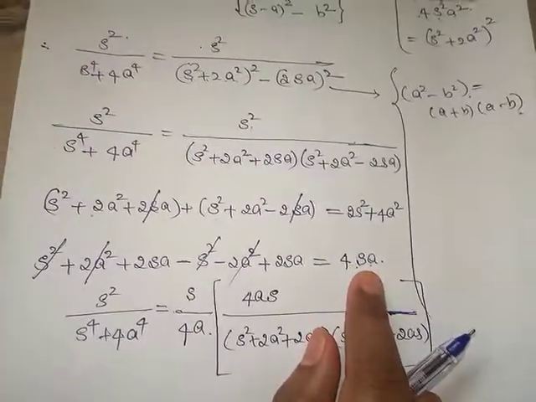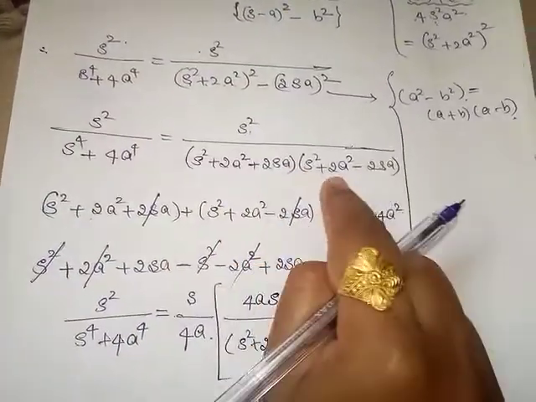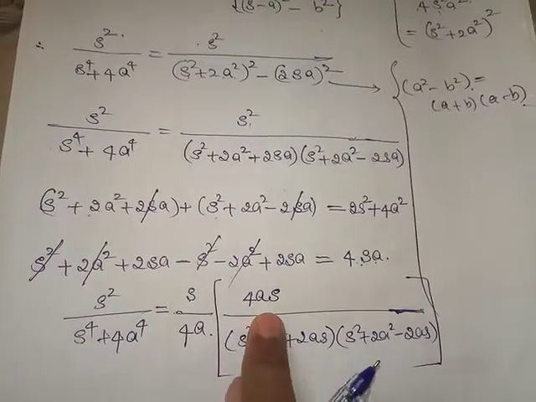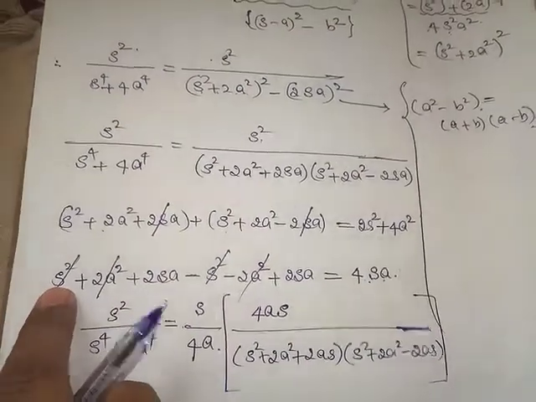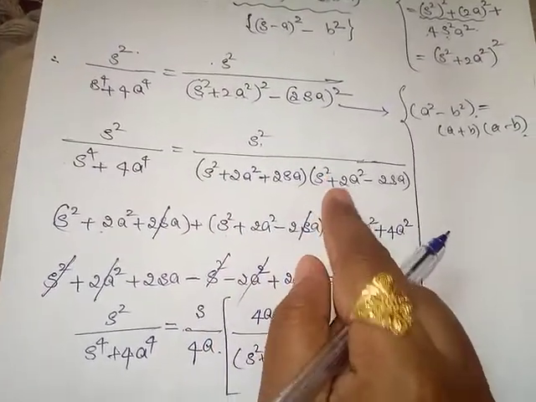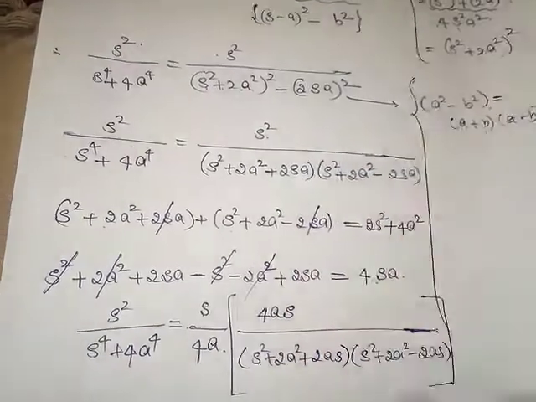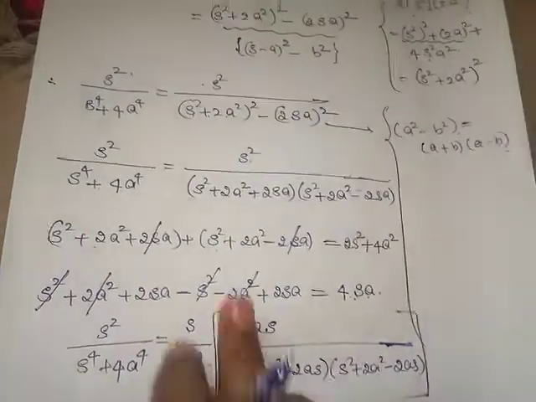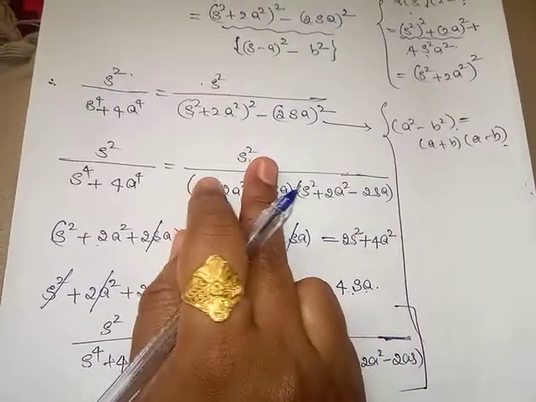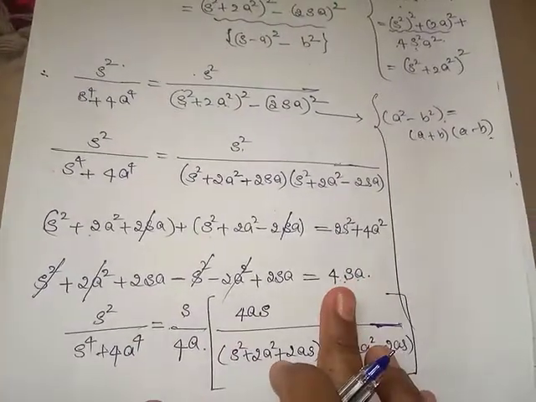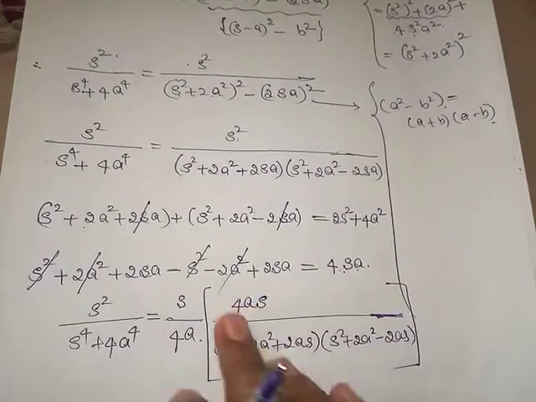We know that 4as is the subtraction of these two terms, so I can write 4as as (s² + 2a² + 2as) minus (s² + 2a² − 2as). To get this, s can be written as s into s. I am taking one s outside and multiplying and dividing by 4a to this term.